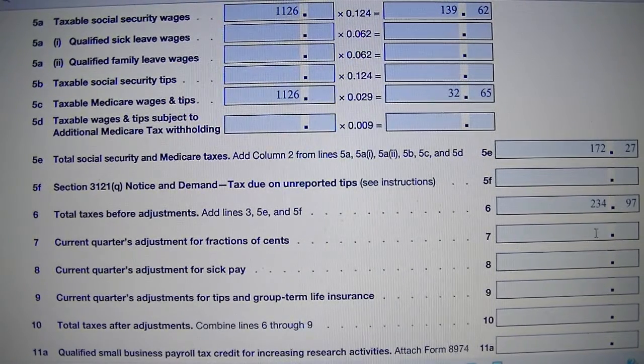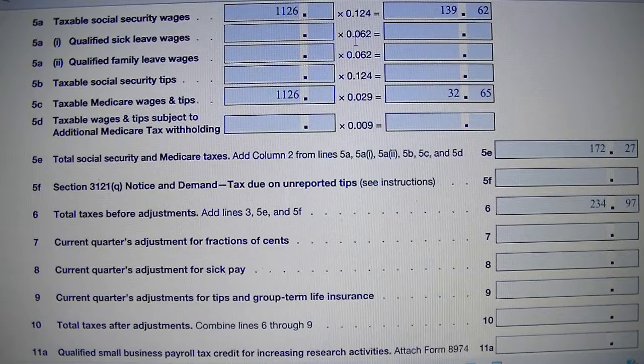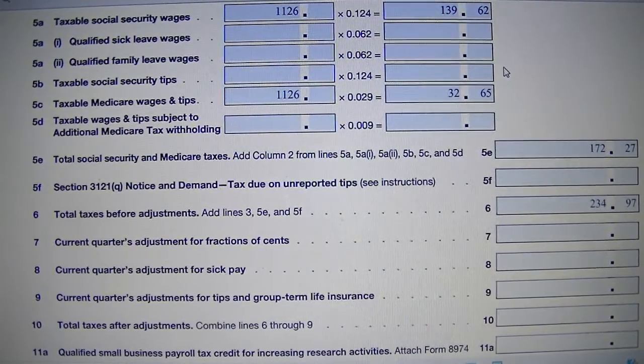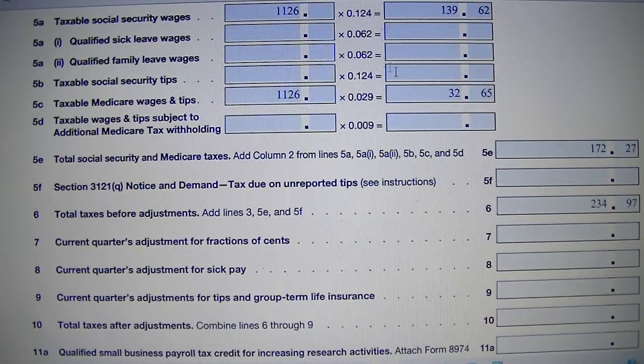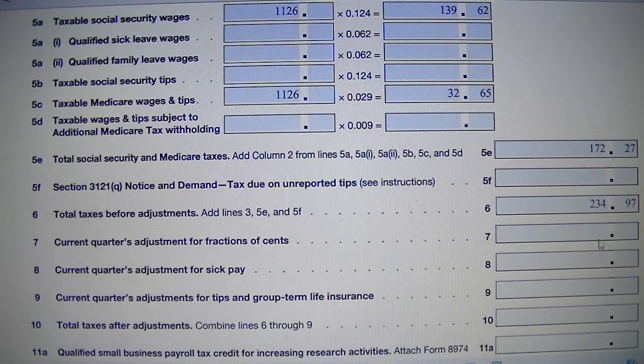Line 7, current quarter adjustment for fraction of cents. So you'll notice that we are having some cents issue. So it's usually because here you are calculating employee and employer share of Social Security tax and employee and employer share of Medicare tax. So divided by 2, you might have a rounding issue, just like the way we are having it from our spreadsheet to this form. So if you make deposits and the amount you deposited is a few cents higher or less compared to the amount you are entering in the form, then you want to make that adjustment on line 7.